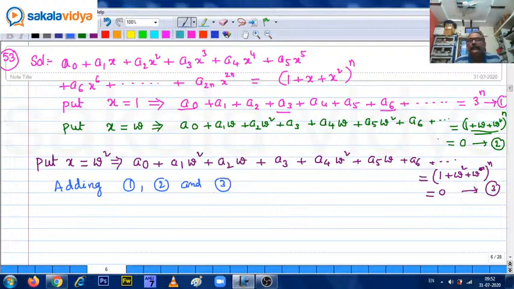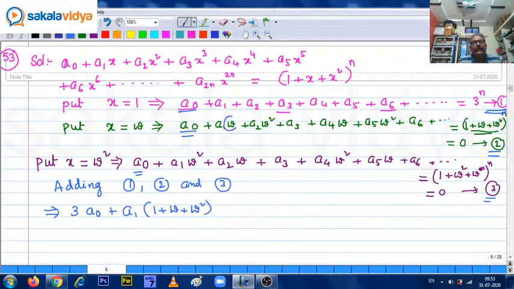When you add equation 1, equation 2, equation 3, see vertically: a0, so we get 3a0, plus here a1 is common, a1 is common means 1 plus omega plus omega squared, because omega and here omega squared we have. Similarly a2 is also 1 plus omega plus omega squared.